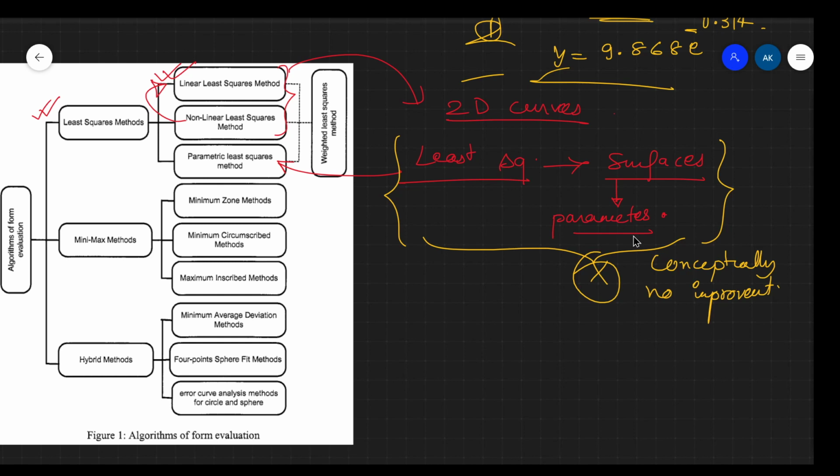So we will not be discussing too much detail or any questions from this area because conceptually there is nothing. If you know these two things, then it's well and good. This also you can solve. It's just like using the same least square principle or finding the maxima and minima with respect to these parameters.